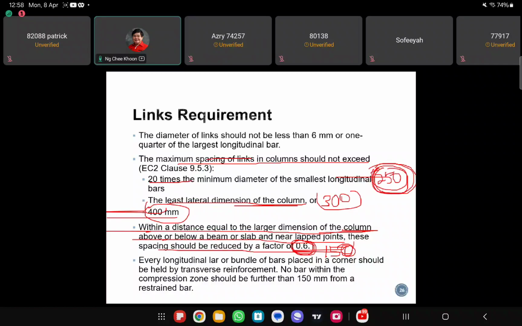Near the middle you can provide spacing of 250, but near the end of the column, at a distance of the larger dimension of the column, you have to provide links nearer to each other, which is 0.6 times 250. That gives you 150. We'll look at all these details when we go through the examples.